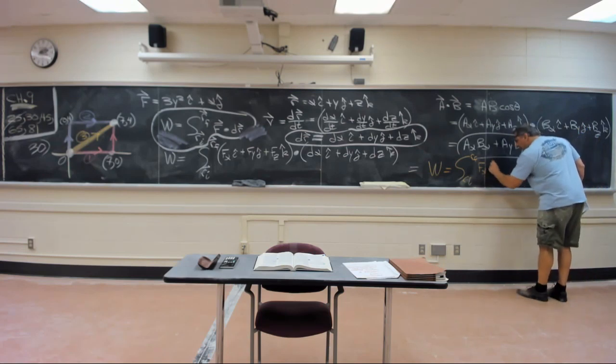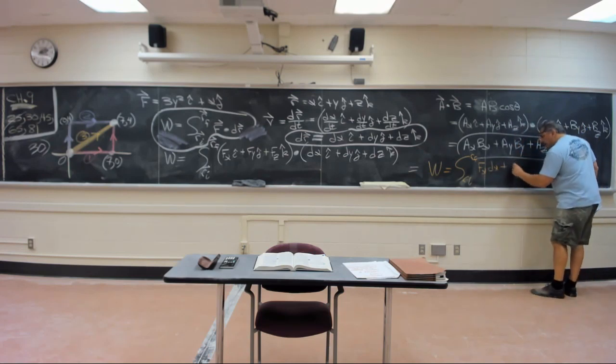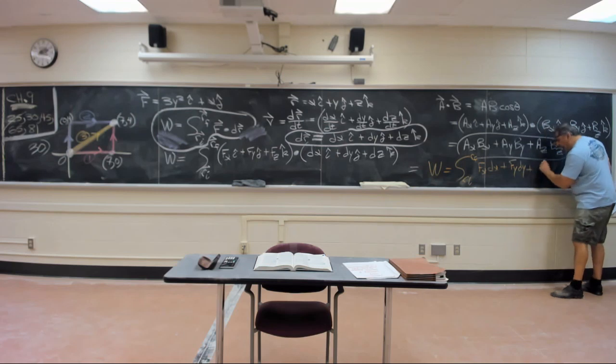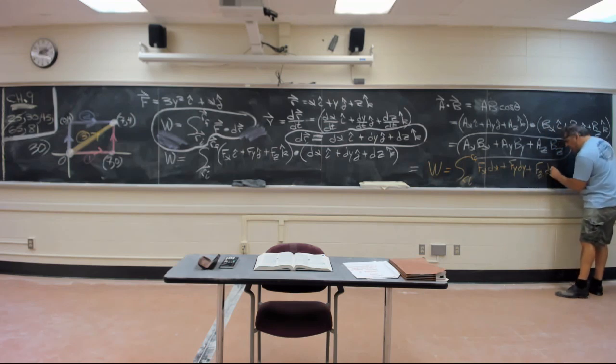It's going to be fx dx plus fy dy plus fz dz. Well, I'm not dealing with z's, but if I was, here it is.